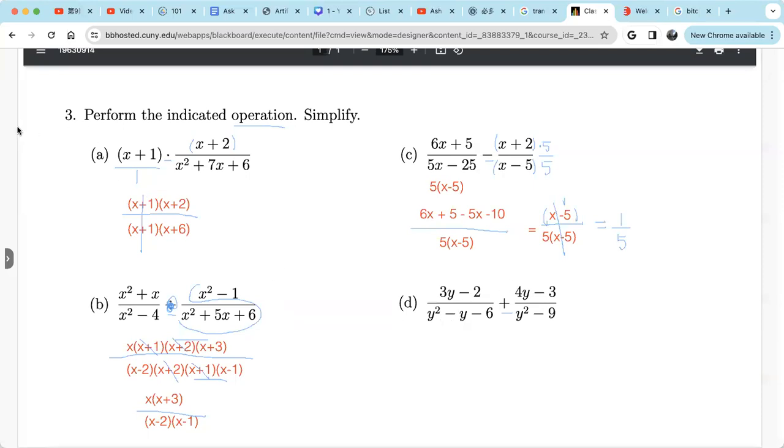Let's see D. We want to factor y squared minus y minus 6. That's y minus 3 times y plus 2, okay? Then y squared minus 9, that's y plus 3 and y minus 3, difference of two squares.